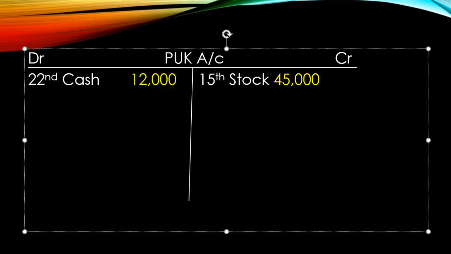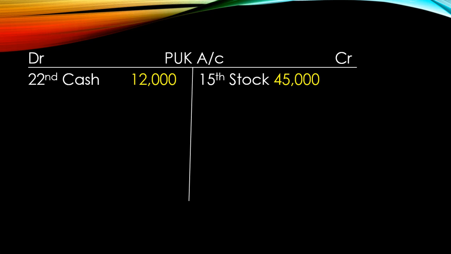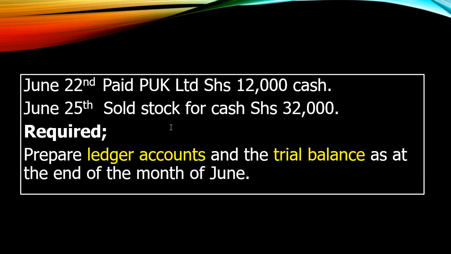So another transaction happened on the 25th. They sold the stock for cash, 32,000. So we are going to look at sales. We made sales of 32,000, and now cash increased, but the sales account must be credited.